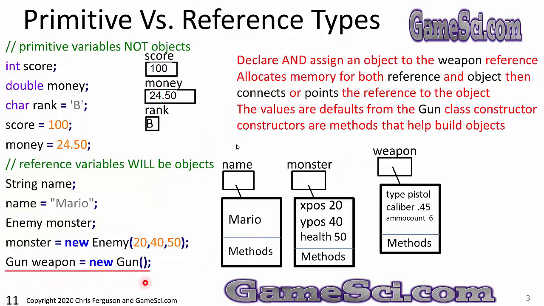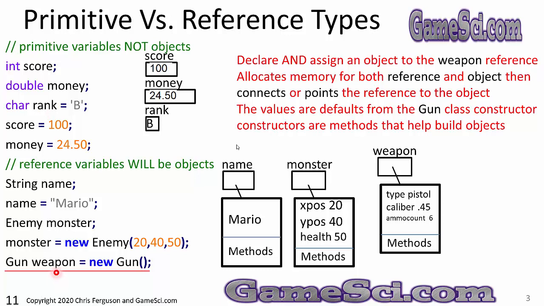Gun weapon = new Gun(). May not look like it, but this is a variable declaration. See up here when we said char rank = 'B'? That's a variable declaration with initialization. We're declaring that rank will be a character, and after it allocates space for rank, it will assign a B to that character.